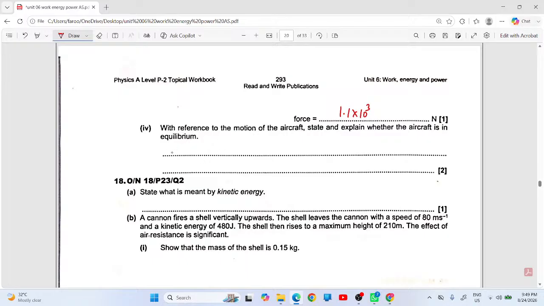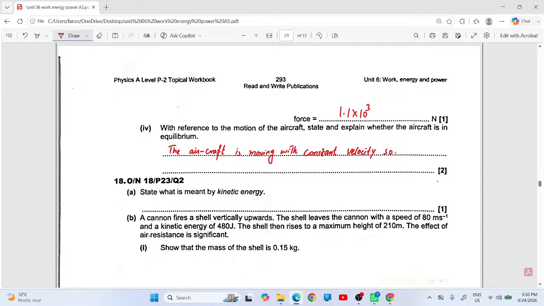The aircraft is moving with constant velocity.